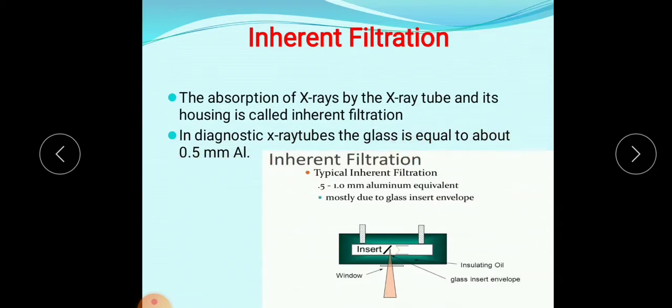Here 0.5 to 1 mm of aluminum is equivalent, mostly due to the glass insert envelope. This is the window, this is the insulating oil, and this is the glass insert envelope.